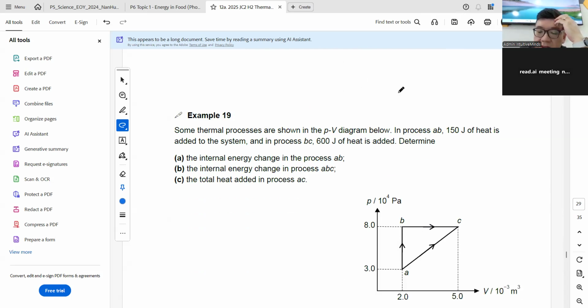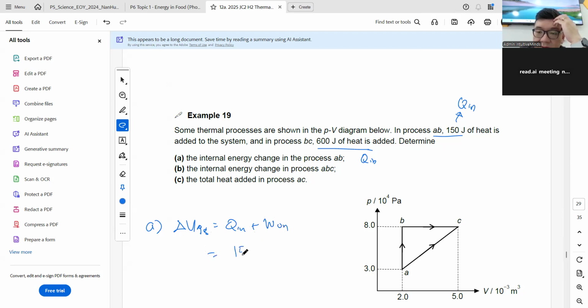In process AB, this is your Q in, and then this is your Q in. So delta U increase equals Q in plus W on.